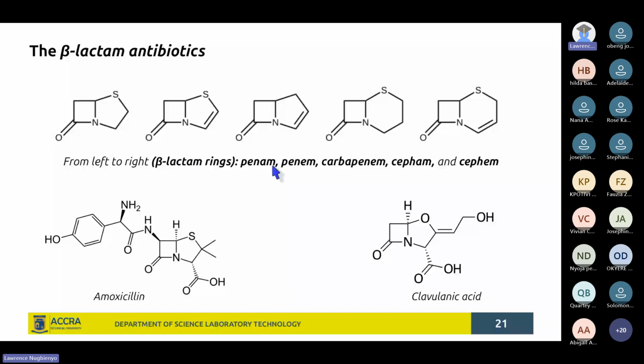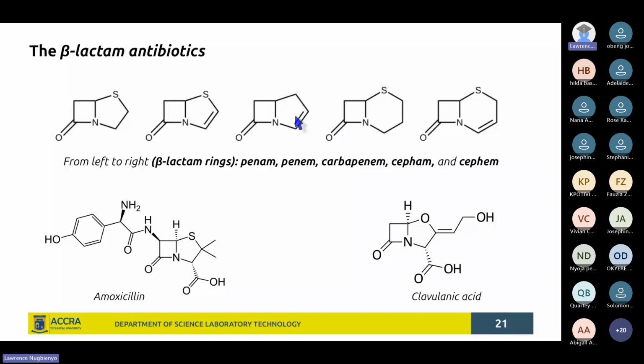So you see these ones, they have different names. For instance, the first one is a penam, the second is a penem. If you compare penam and penem, the only difference is that you have a double bond in the penem, just like the way you say alkanes and alkenes.